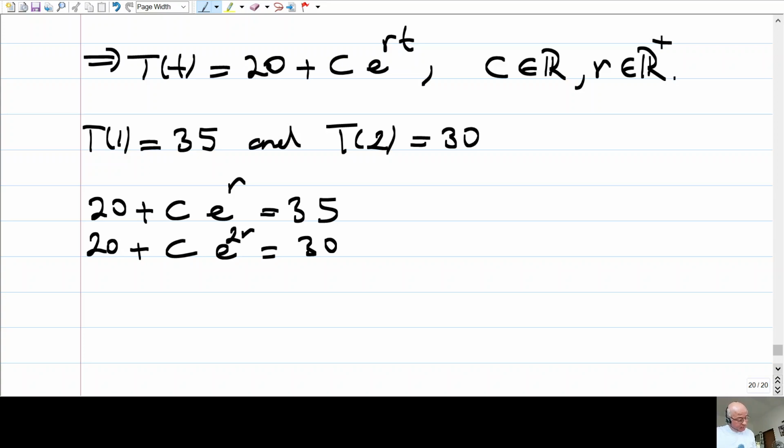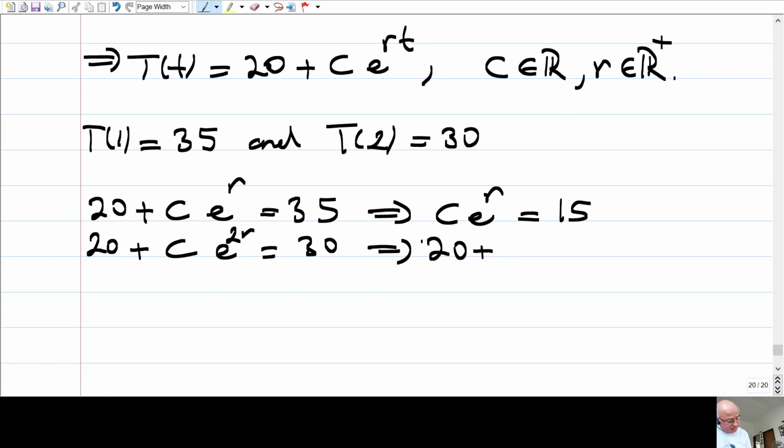And from this, we get what? Yeah, so c times e to the power r is just 15, right? c times e to the power r is just 15. And if I plug it here, 20 plus, this is just c times e to the power r times e to the power r, which is 30.